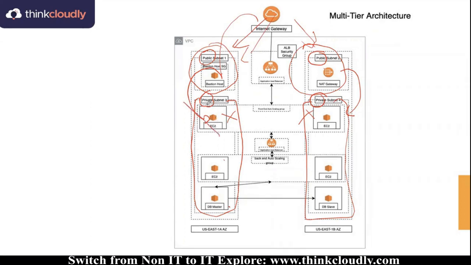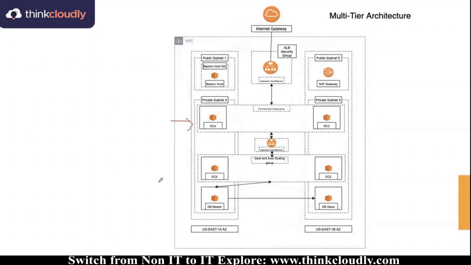That's why we keep our important layers, front end, back end, and database, into private subnet, which makes it private so that no one can access it from the internet. And why do we need this particular layer? Because the traffic which is coming from outside will be validated and then allowed inside the private subnet.